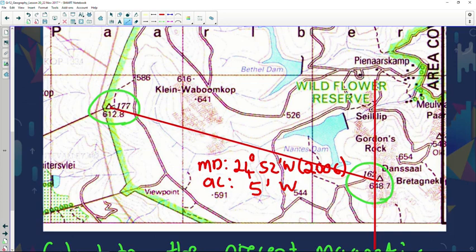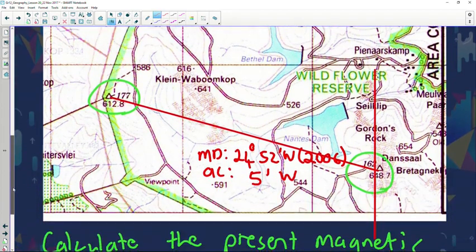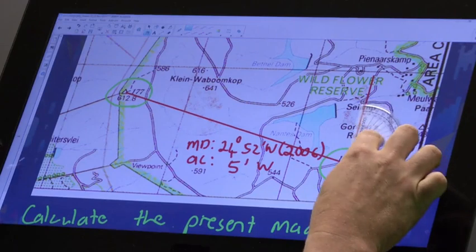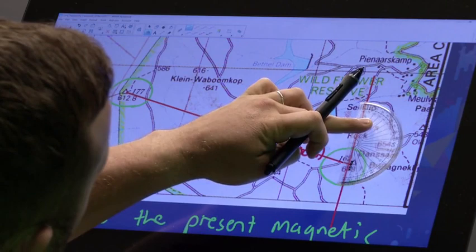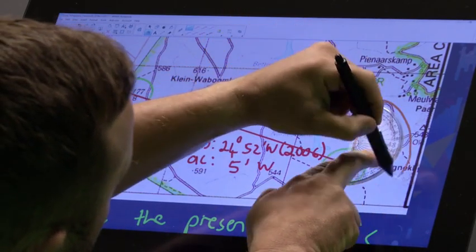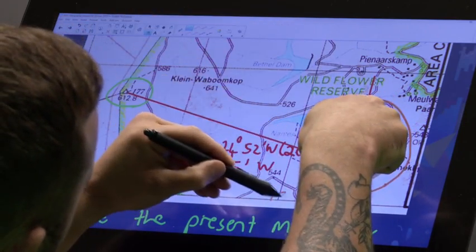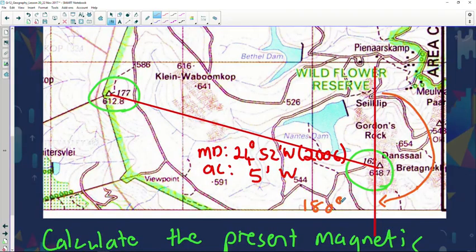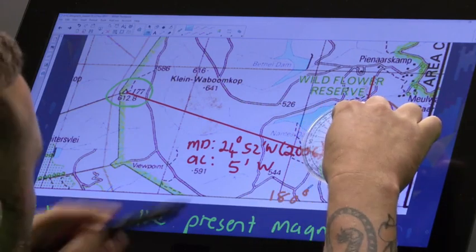What's our second step? What's our third step? Using our protractor, we place it on our north-south line and start measuring clockwise, so the 0 points to true north. We're moving in a clockwise direction. That's 180. Move your protractor in a clockwise direction because you're measuring clockwise.